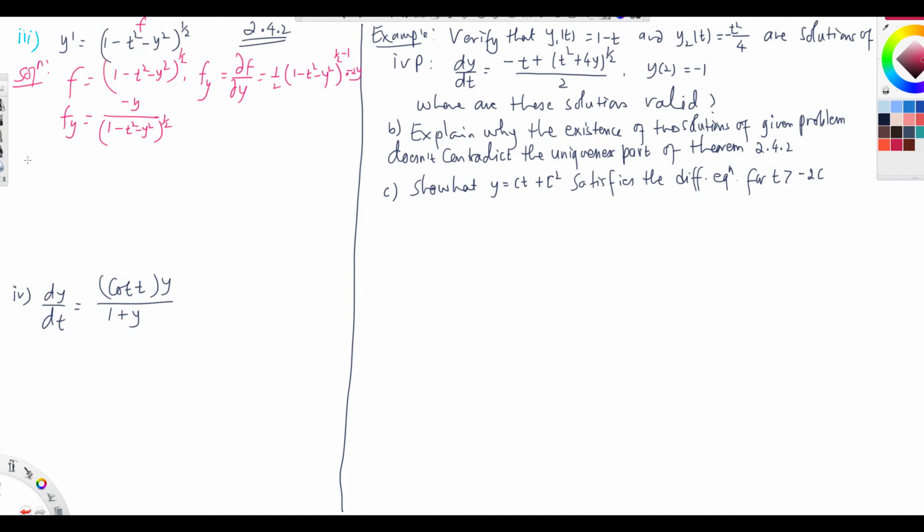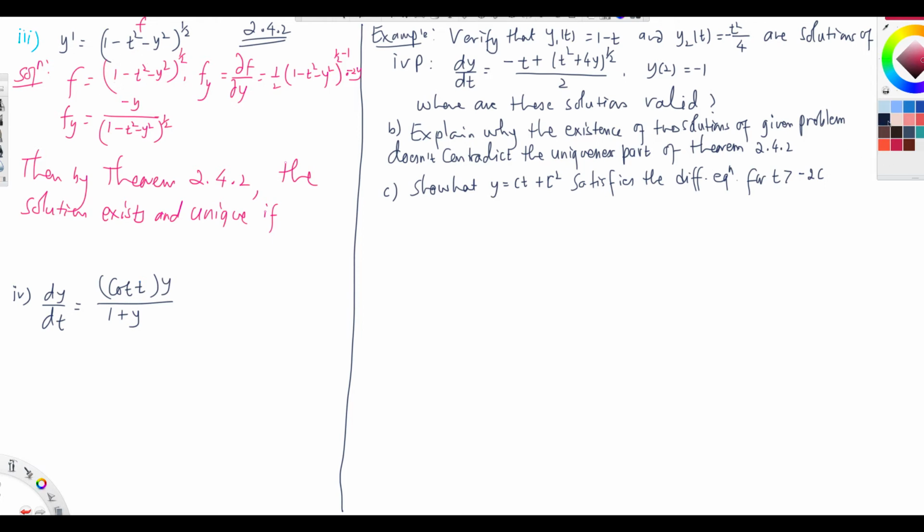Then you can say, by theorem 2.4.2, look at both of these, the solution exists and is unique if this quantity is, when is this root defined?